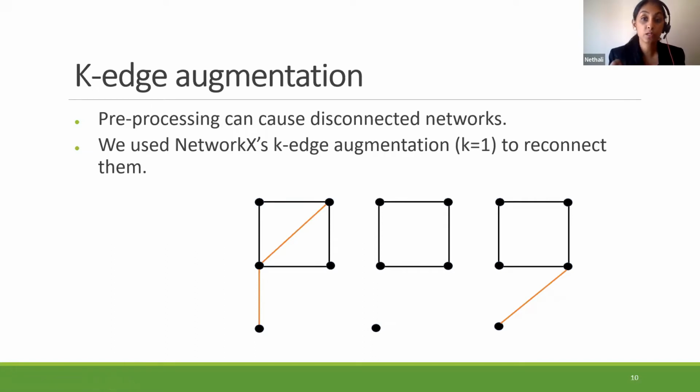Meaning if you remove one link, again, our network will get disconnected. So we are connecting it again, but doing it minimally to make sure that it is not very different from what we started off with. But as you can see in the picture, in doing so, we may create new links that were not there to begin with.